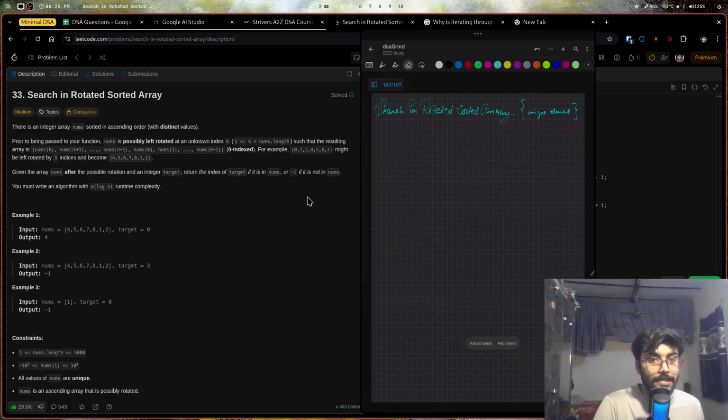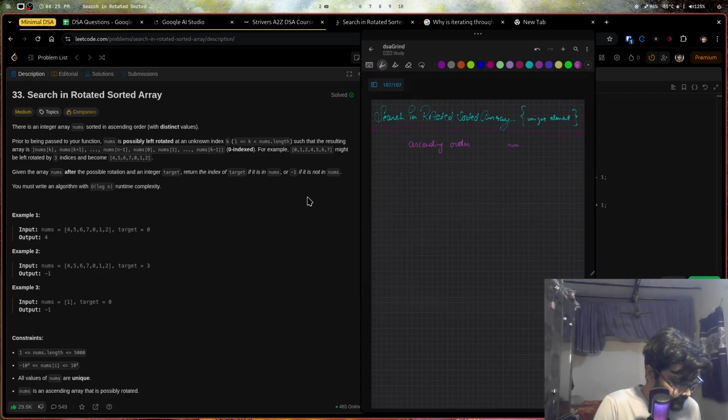There's an integer array nums sorted in ascending order, and we have the nums array, cool, with distinct values. Okay, so we are given distinct values.